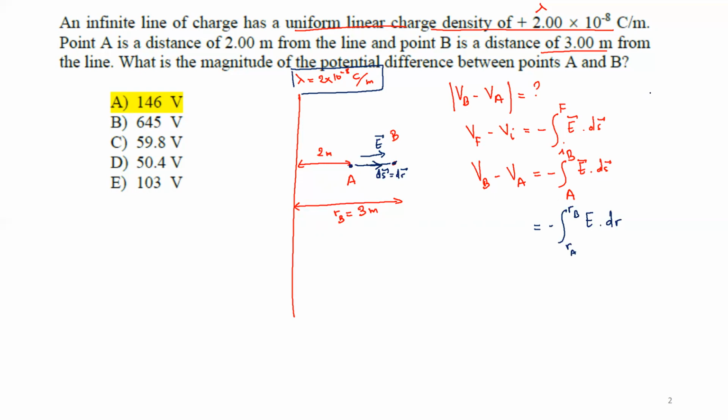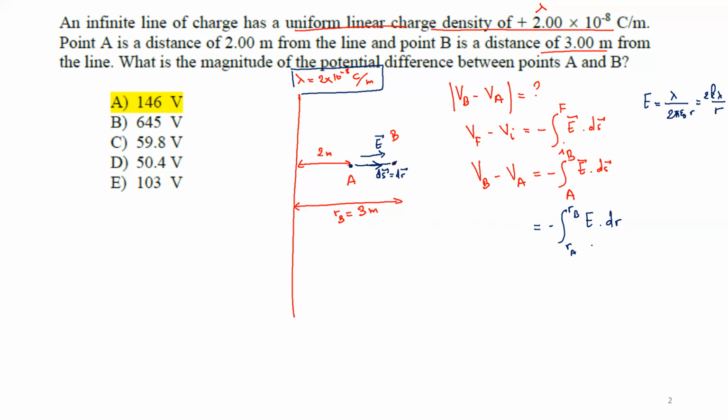Now what is this E? Well, this is the electric field created by an infinite line of charge, so it will be lambda divided by 2 pi epsilon naught r. We demonstrated this using Gauss's law. Of course, you can also write it as 2k lambda divided by r.